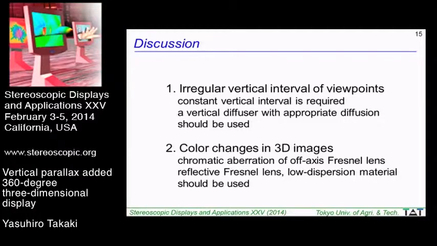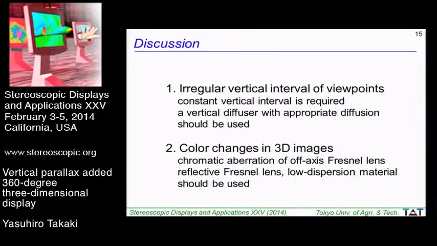When the vertical interval was small, the vertical viewing area was limited. Therefore, the inclination of the circles should be reduced to provide a constant vertical interval. And a vertical diffuser with appropriate diffusion should be used to obtain a continuous viewing region in the vertical direction.